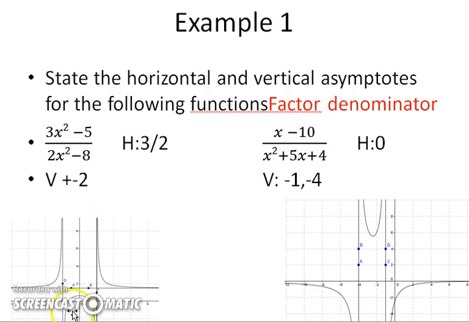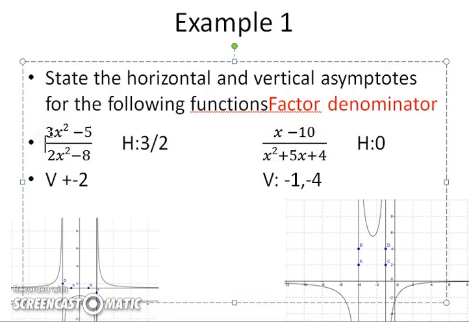The degrees of 3x squared and 2x squared are the same, so the horizontal asymptote is going to be located at y equals 3/2, and that's drawn right here. It's a horizontal line at 1 1/2, and that's where the horizontal asymptote will be drawn.